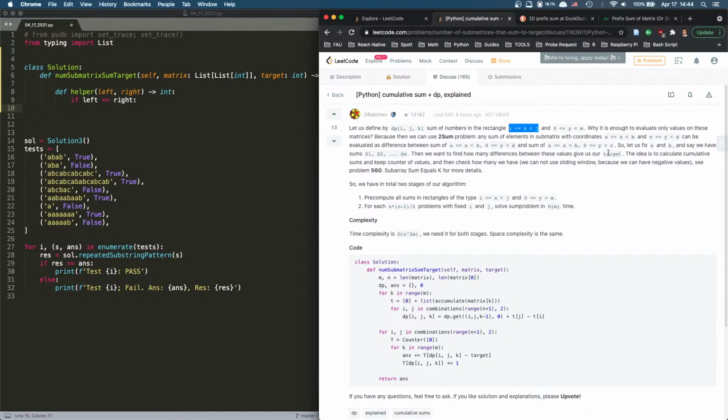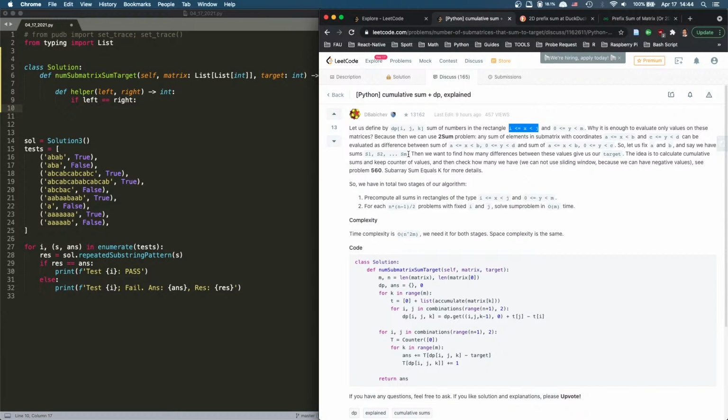I want to find how many differences between these values give us our target. That is correct. Okay, I know what it's talking about. We have the cumulative sum on the rows. The idea is to calculate cumulative sums and keep a counter of values, and then check how many we have.